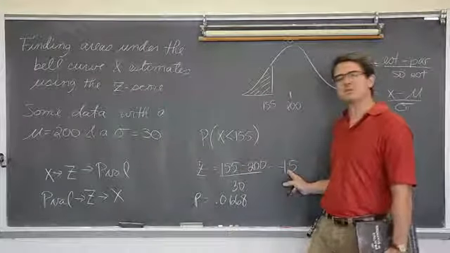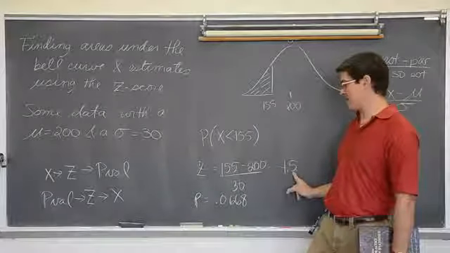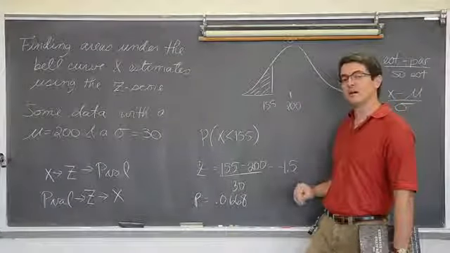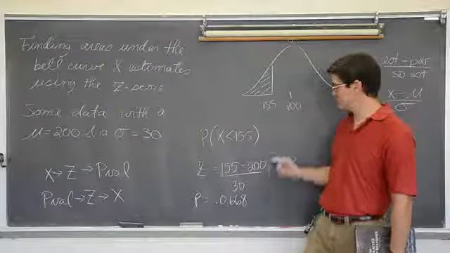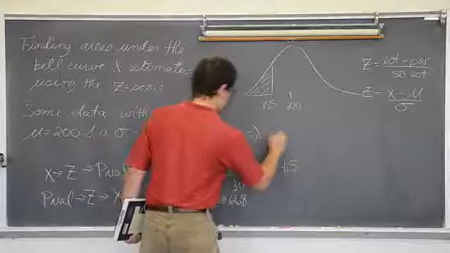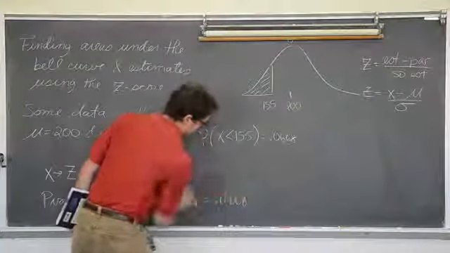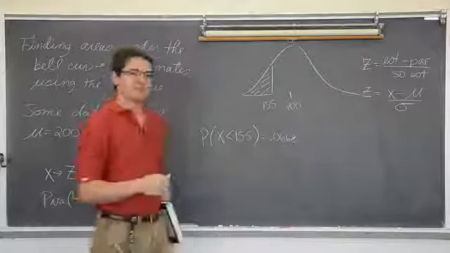Don't forget, the unit of z-score is standard deviation. So this is 1.5 standard deviations to the left of the mean. So this answer came out to be 0.0668.